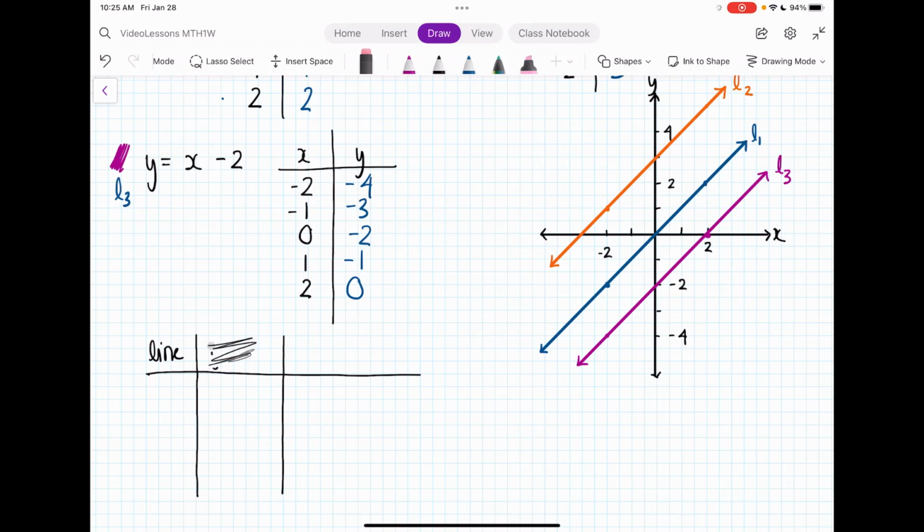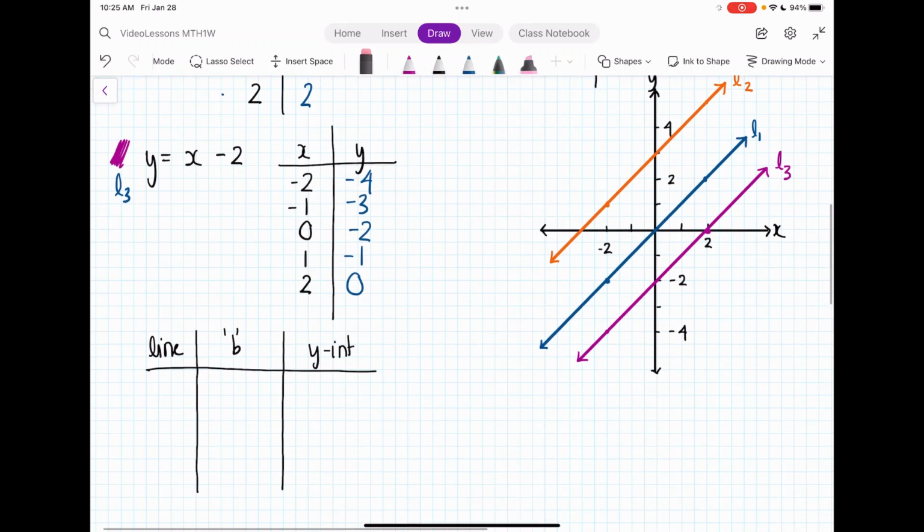Let's write down first what our b value is from our mx plus b, and then what the y-intercept is. Okay, so the first line was just y equals x.